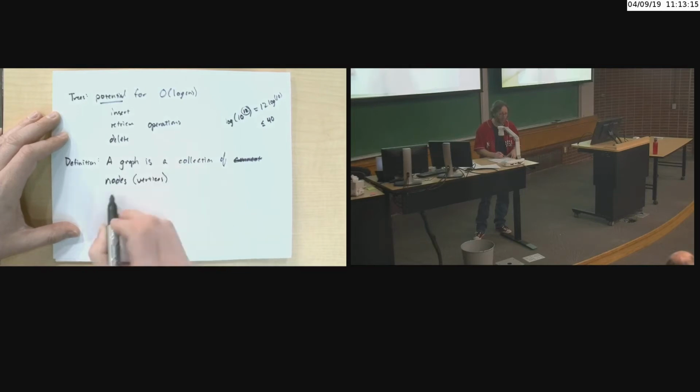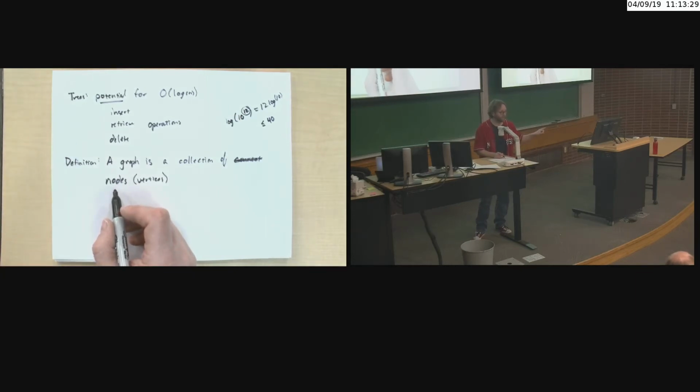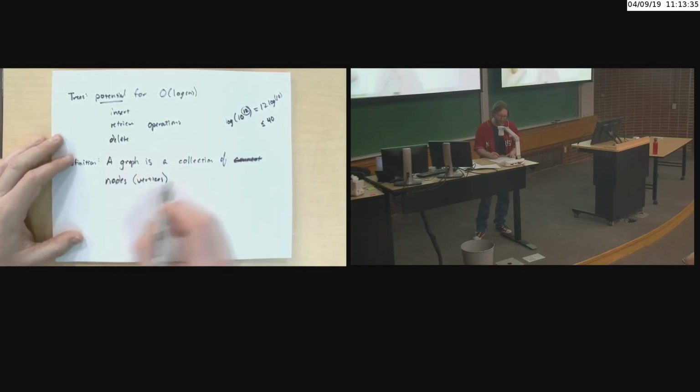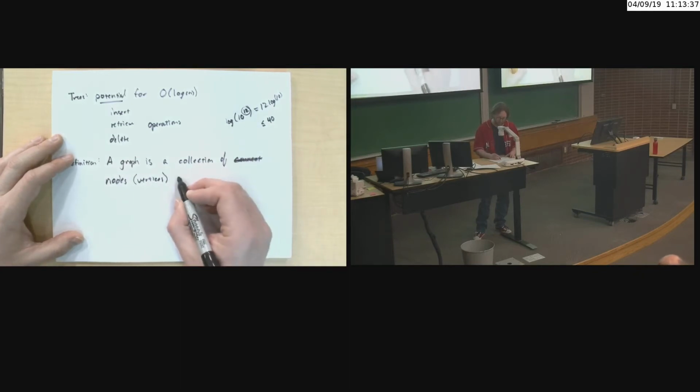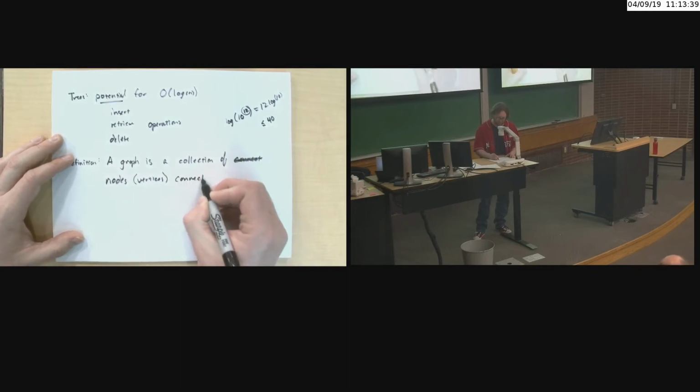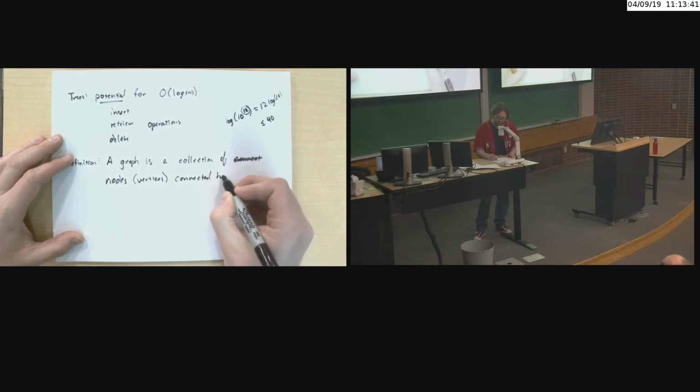We like to call them nodes over here in CS2 because ultimately they're going to be holding data, and vertices may or may not be holding data. Nodes definitely hold data. Kind of like nodes from a linked list, right? This node is connected to that node, is connected to that node, and also the nodes hold data, whatever you're storing in your collection. So a graph is a collection of nodes, vertices, connected by edges.